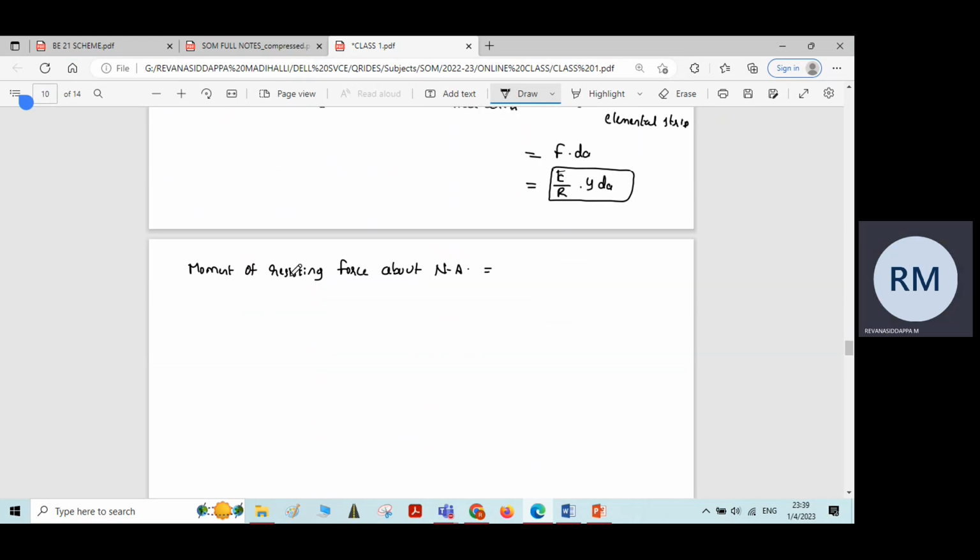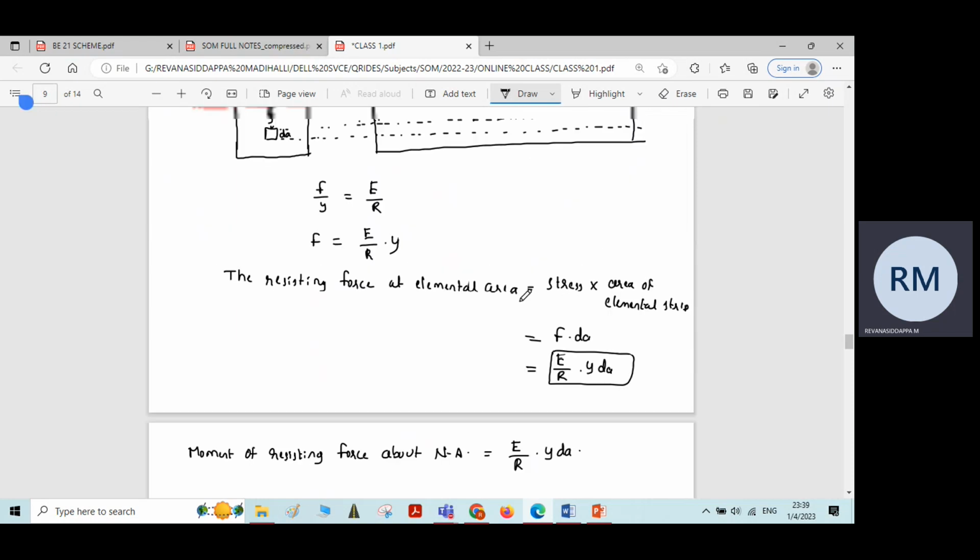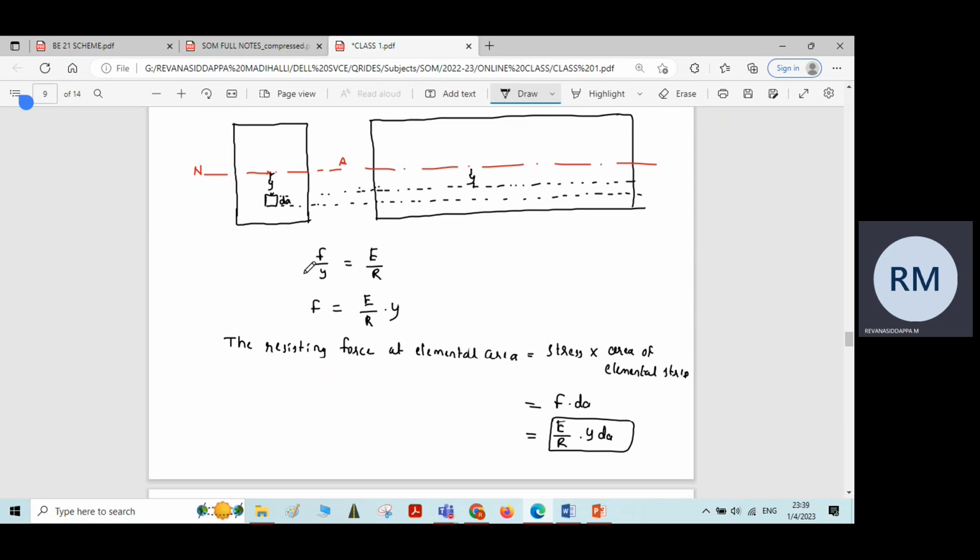Force is E by R into YdA. This is the force into perpendicular distance. We are taking the moment of resisting force about the neutral axis.